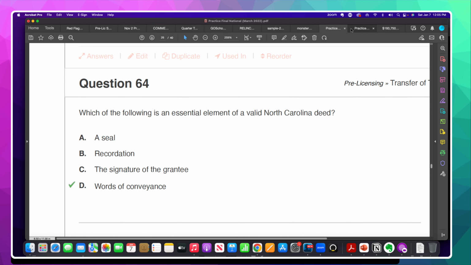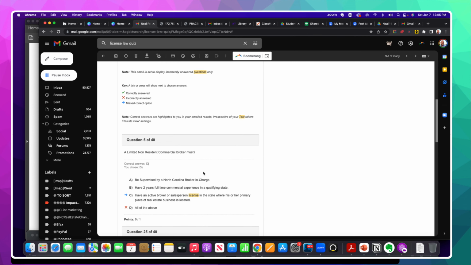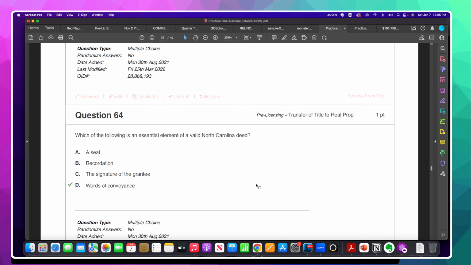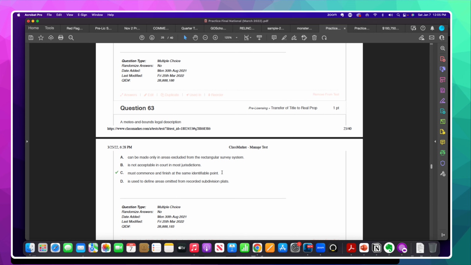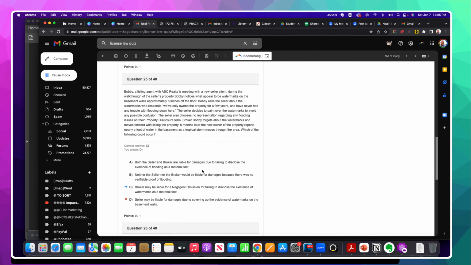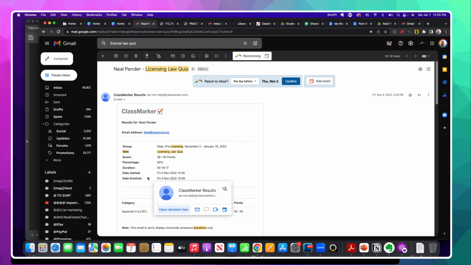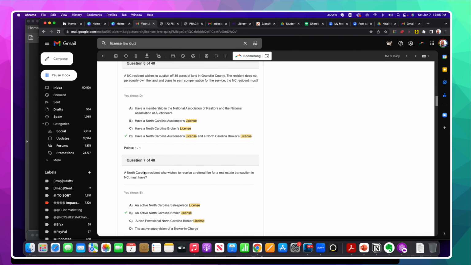Where did that go? Oh, it was over here. Any others? Math related or practice exam related? We'll just take a look at anything at this point. Sure. From that license law one? Let's see if I have that close by. Oh, good.